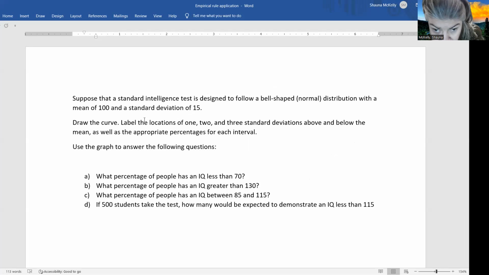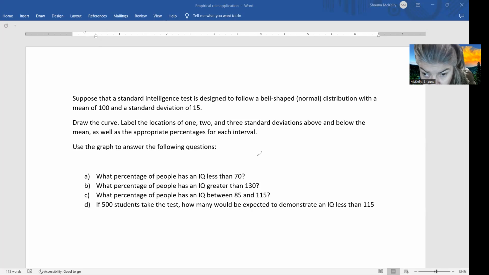Draw the curve, label the locations of 1, 2, and 3 standard deviations above and below the mean, as well as the appropriate percentages for each interval, and then use the graph to answer the following questions. Okay, we're going to answer the questions, but we're going to fill in the percentages first. So let me come back to this whiteboard idea here.